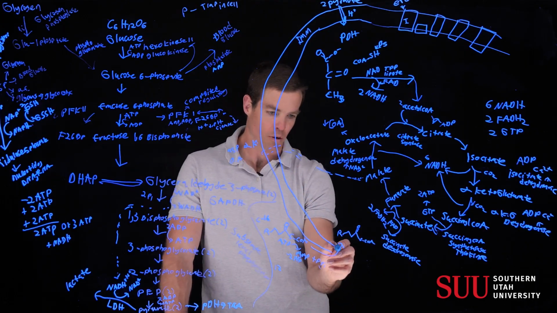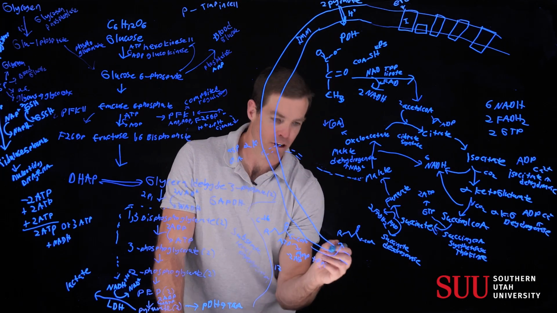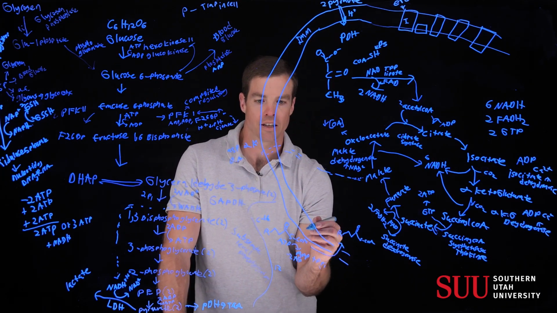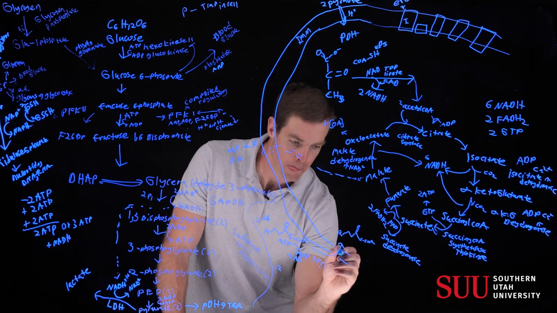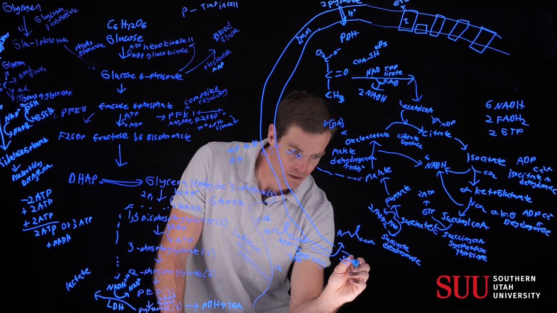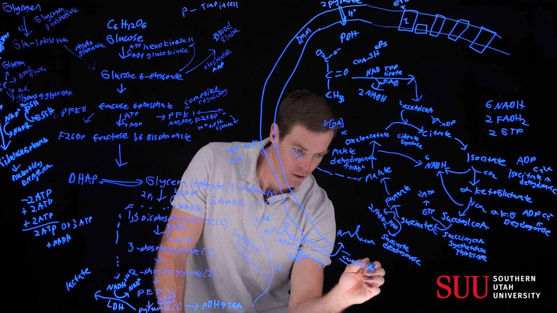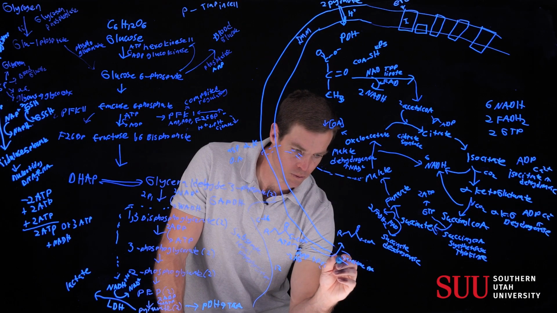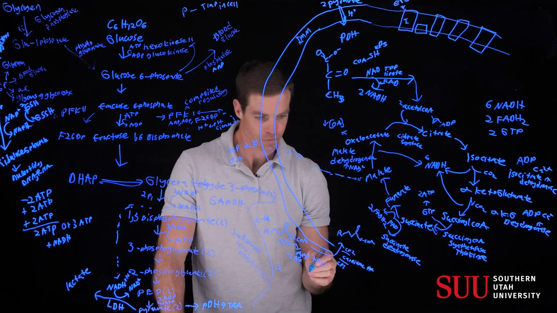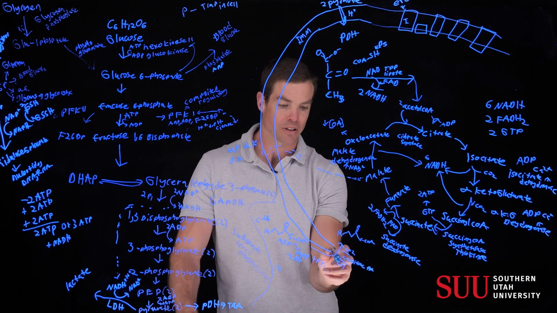Now, in order for it to get through, it has to go through this transporter, which involves a very important molecule. It's called the carnitine transporter, basically. All right, so you've probably heard of carnitine before. I'm just going to put carnitine right here. Carnitine palmitoyltransferase. We can just put CP1 here, CP2 right there.